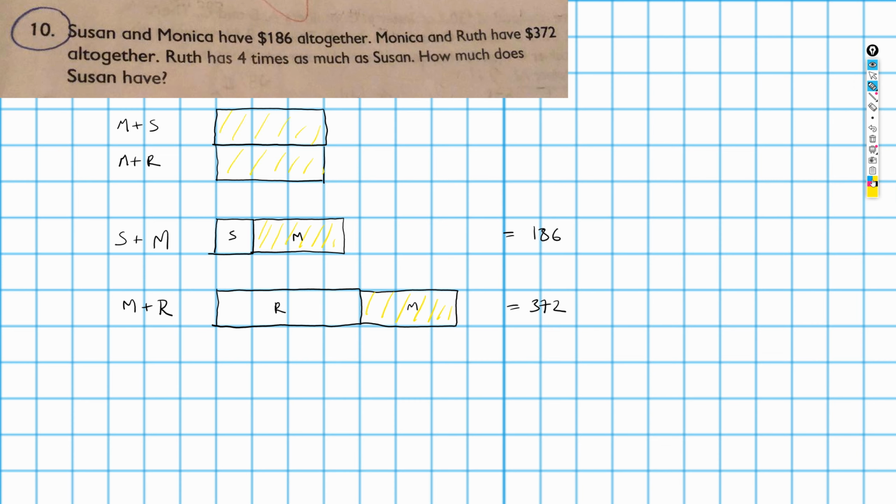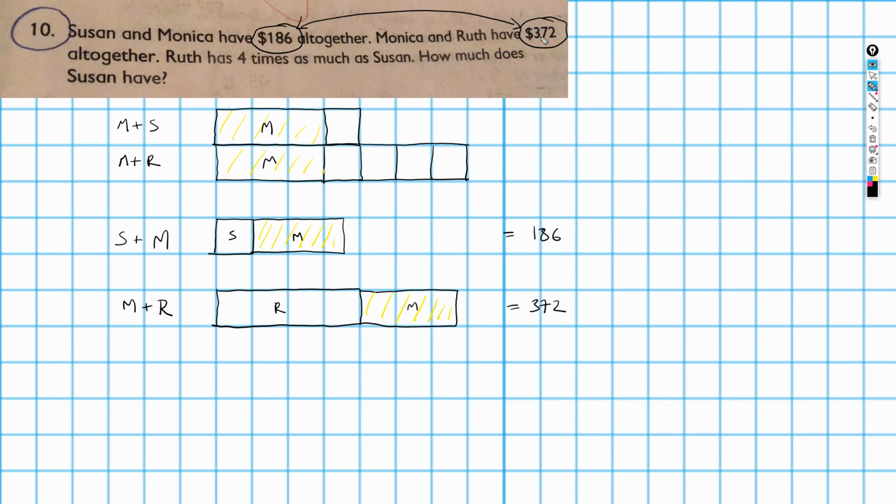Okay, and we've then got the same start point. So here we're going to do the single block for Susan, and then 4 blocks for Ruth. Because we know that the difference between these two amounts has to be significant. So we know that we're going to be talking about difference here, and we need to draw the model in such a way as to highlight the difference.